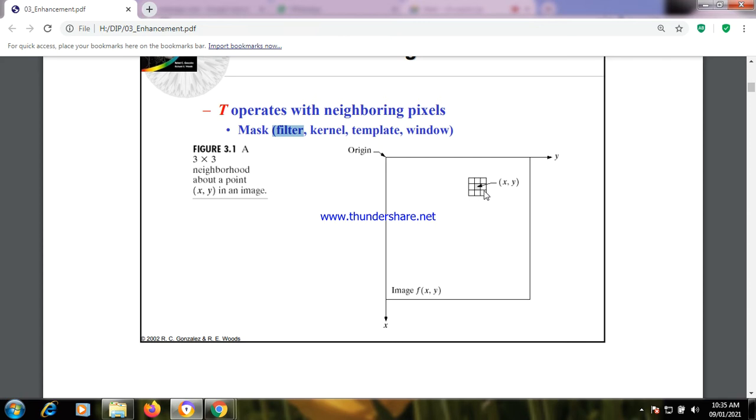Say I am keeping this filter at the topmost side.